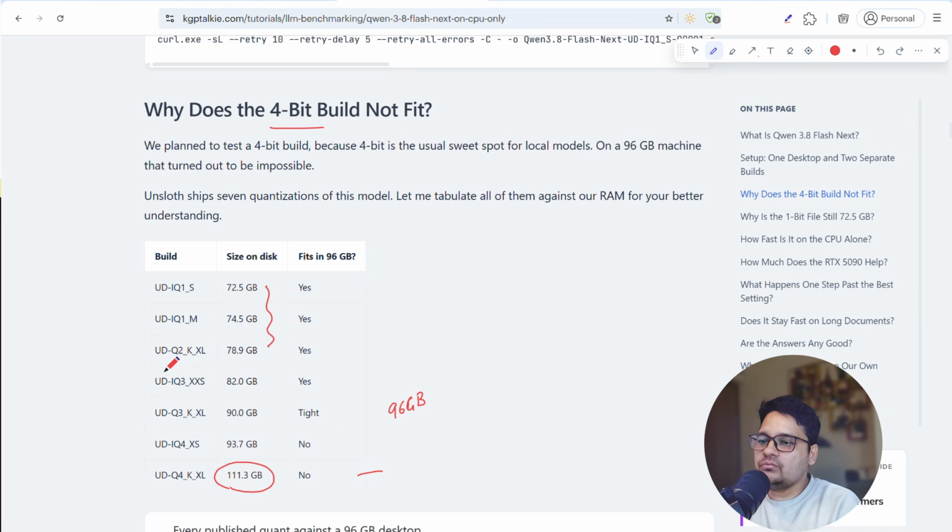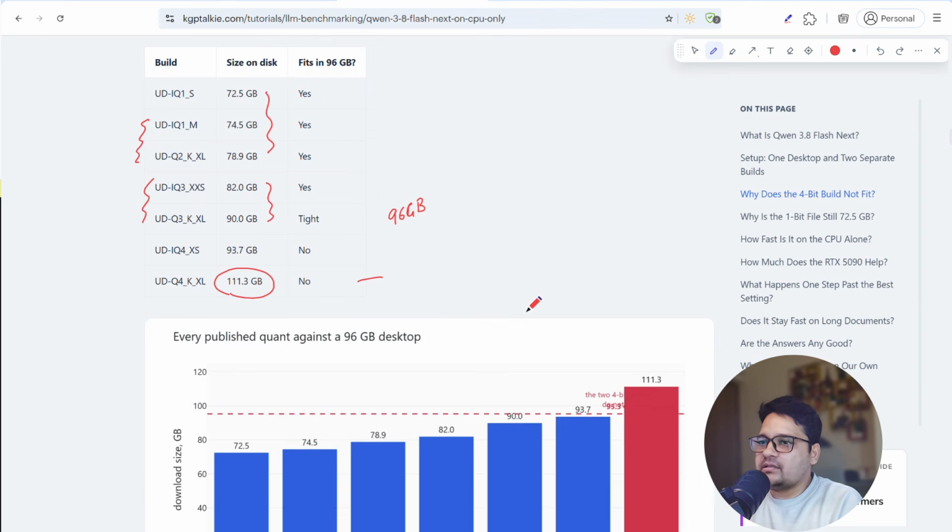I'm not going to use the 3-bit model, because again this is going to be too tight for me, since my system needs memory for the operating system and for the KV cache later, once it starts generating the output. Because of that, I tested 1-bit and 2-bit only, and not just this Qwen 3.8 Flash Next model, but I also tested 1-bit and 2-bit for the Qwen 3.8 27 billion parameter model as well, so that I can show you the comparison.